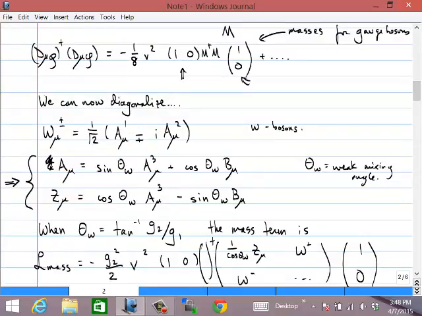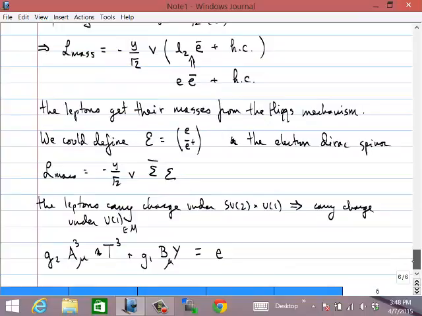A3 is a linear combination of A and Z, and B is a linear combination of A and Z. So if you just work that out, you get e times T3 plus Y times A mu plus another contribution proportional to Z.